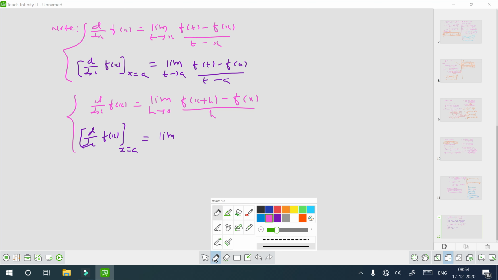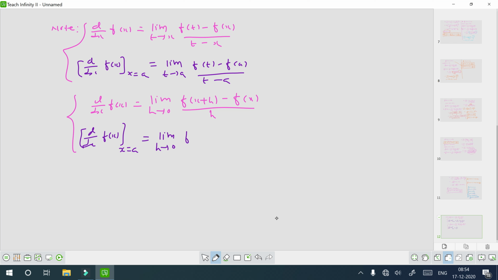And suppose we wish to find the derivative of function fx at given point x is equal to a, then second form is limit h tends to 0, f of a plus h minus fa over h. That means whenever we want derivative at a particular point, we use this one. If we take x is equal to a, then this is the derivative of a function at a given point.